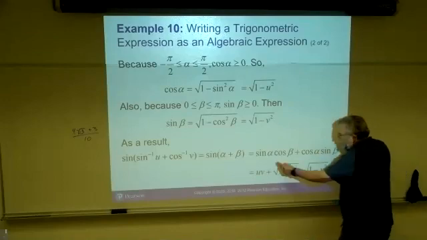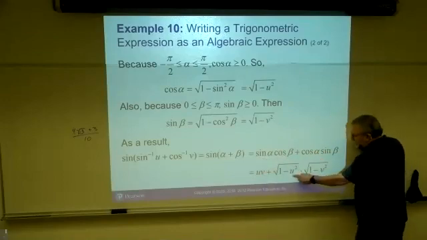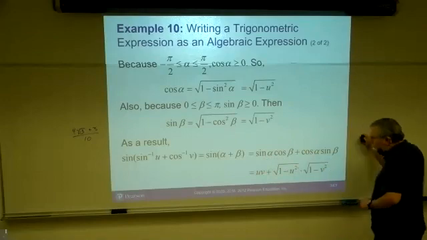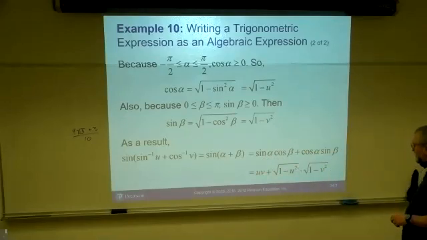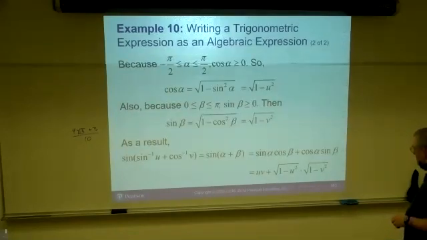So we have u times v, uv, plus the square root of 1 minus u squared times the square root of 1 minus v squared. And you can write this as a single square root. Do they do that? No, they leave it this way.